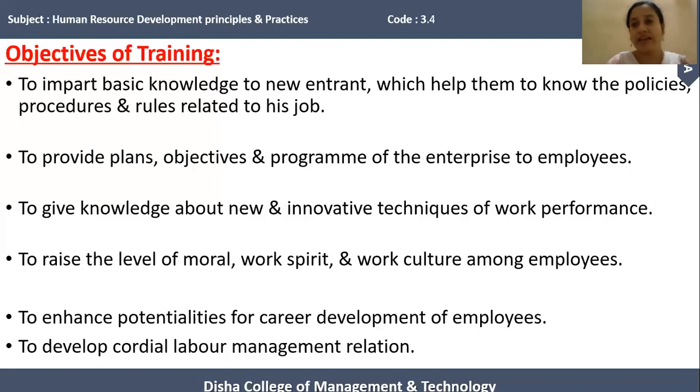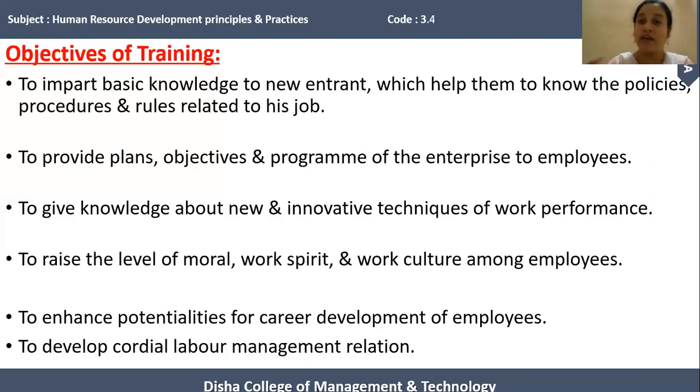Generally, training is not only provided to a new entrant or newly appointed employee, but also to existing human resources. When a new employee joins an organization, the person is not able to understand the organization's work culture, and is not able to adjust himself or herself to the organizational environment.